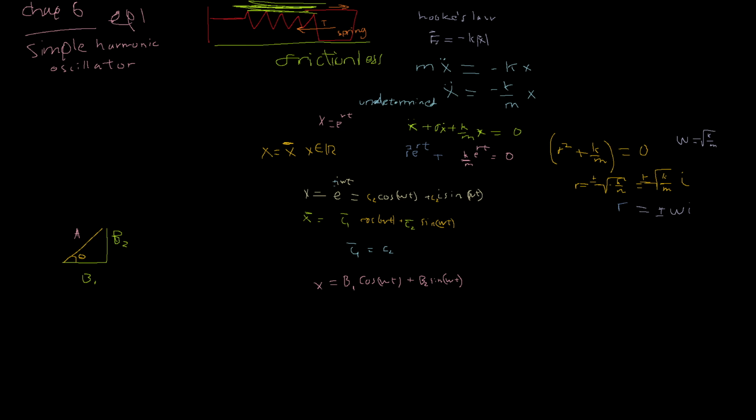So what's going to come out of this is we have the identity A equals the square root of b2 squared plus b1 squared, and this is equal to A sine of, I'm actually going to set this as phi, which equals A cosine phi, right?